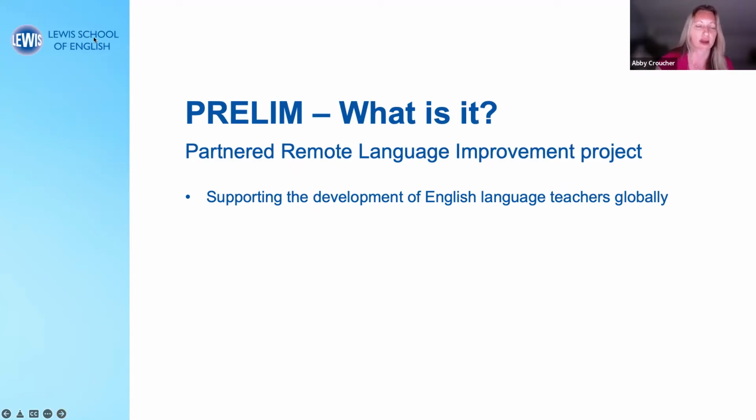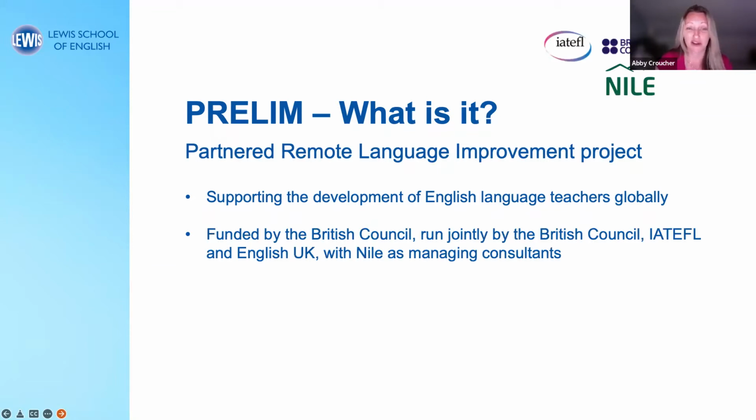The idea was to make professional development accessible to far more people with support and through partnerships, and to help teachers of English in other countries grow in confidence in their ability to do that. There were some very important partnerships for these projects. It was funded by the British Council and run jointly by the British Council, IATEFL and English UK. And then NILE were brought in as managing consultants to oversee the project.